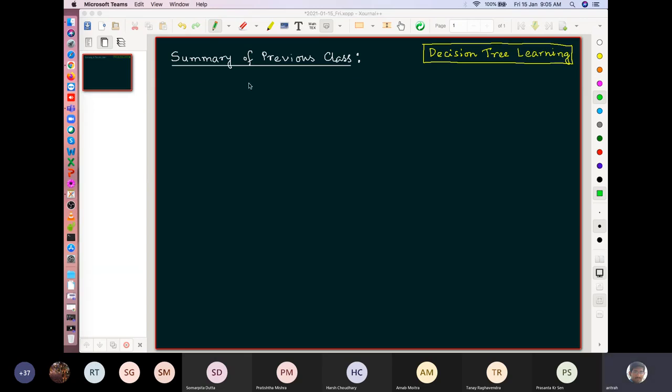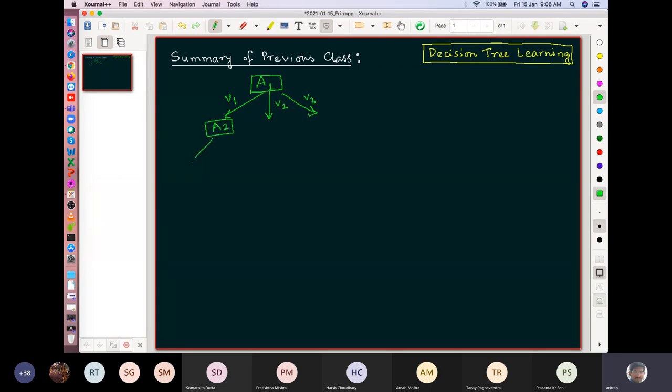And if you remember correctly, we build the decision tree in this way: we select an attribute, and depending on the values of that attribute, suppose this attribute A1 can take 3 values, we decide which is the next attribute we can select, so that we could categorize the classification problem we have in hand with the training examples into positive or negative classes.